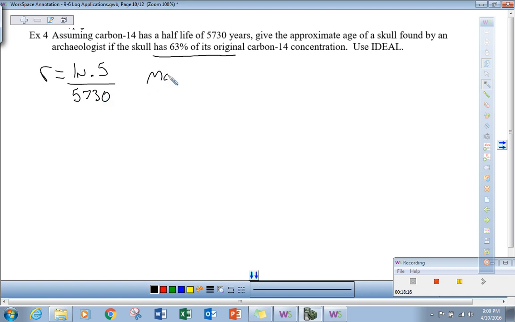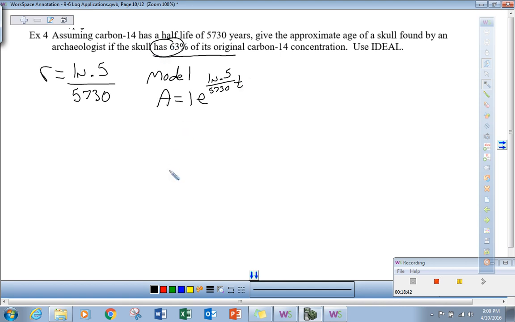So here's my model. There's no starting amount, so I'm going to use 100%, so 1. E to the natural log of 0.5 over 5,730 t. Now here's how we handle this.